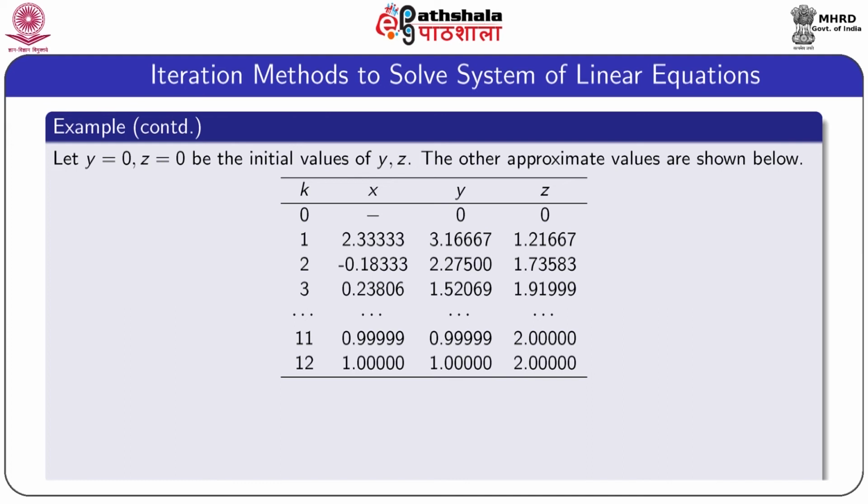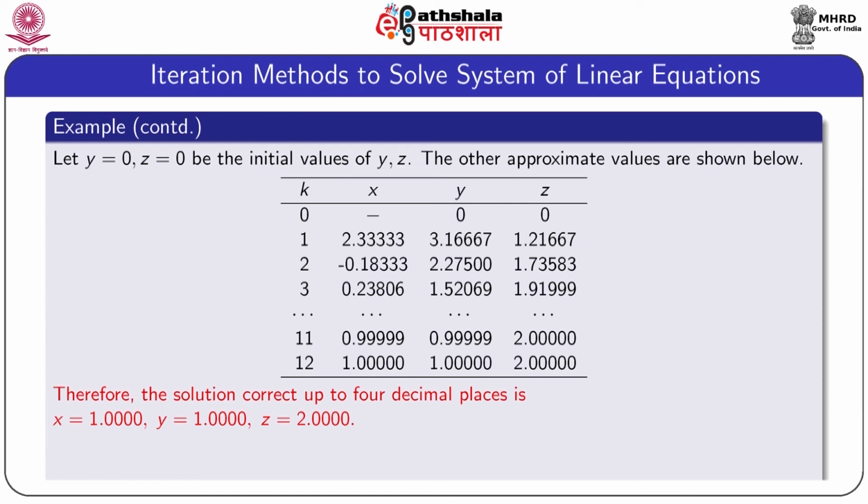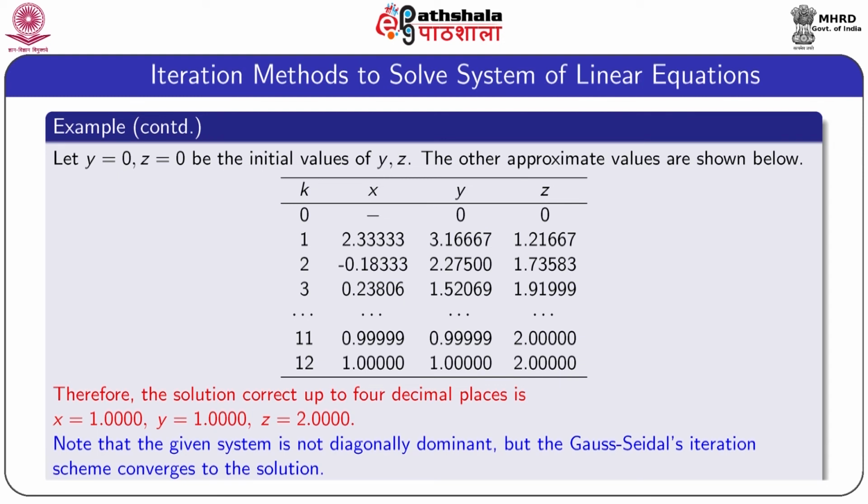That means for this system of equations we obtain a convergent scheme, and the solution correct up to 4 decimal places is x equal to 1.0000, y equal to 1.0000 and z equal to 2.0000. Note that the given system is not diagonally dominant, as I have mentioned earlier, but for this system the Gauss-Seidel iteration method gives a convergent solution. That means the diagonal dominance condition is sufficient but not necessary for the Gauss-Seidel iteration method.